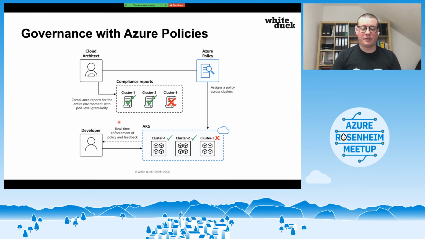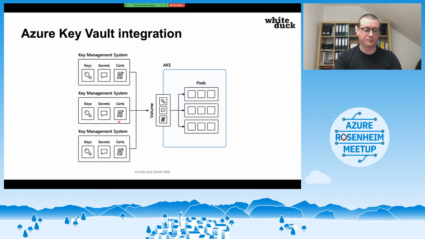So you can define things like, I only would like to allow certain container registries, or let's say the Kubernetes cluster is not allowed to start container images which are hosted on Docker Hub, or things like this. So you're able to have granular control over your Kubernetes cluster and can define certain policies for governance reasons. Pretty new feature, but it's available for some weeks now, I think.